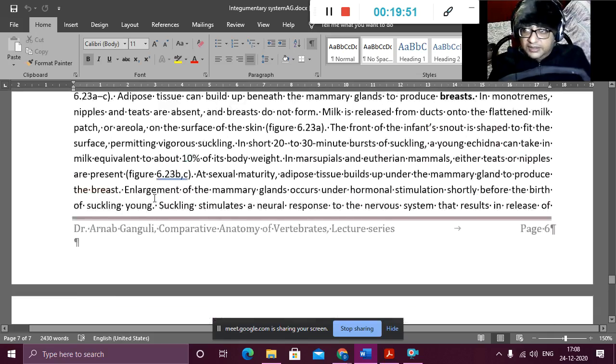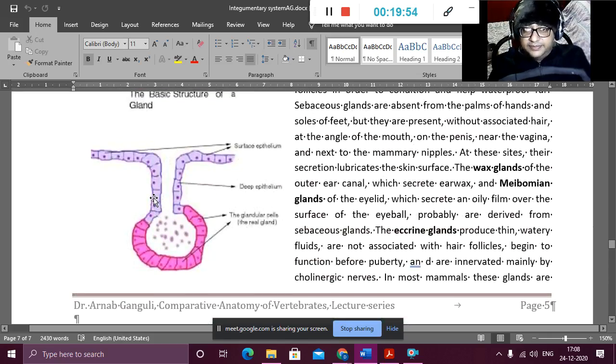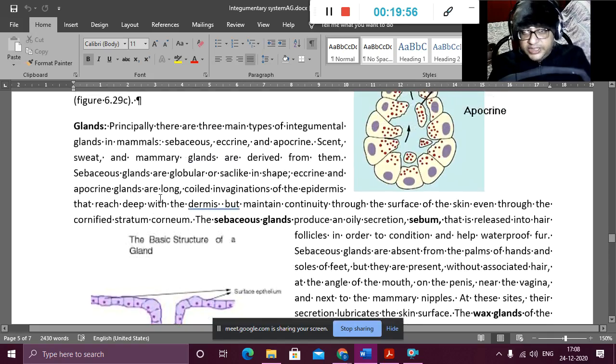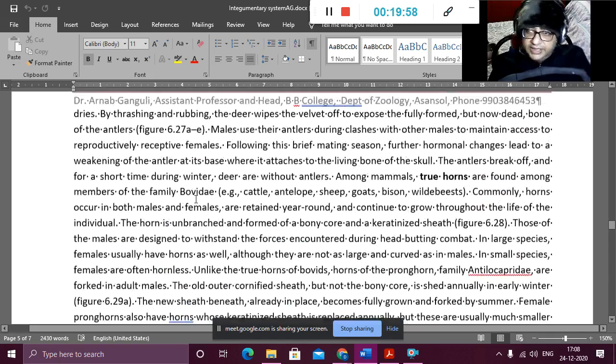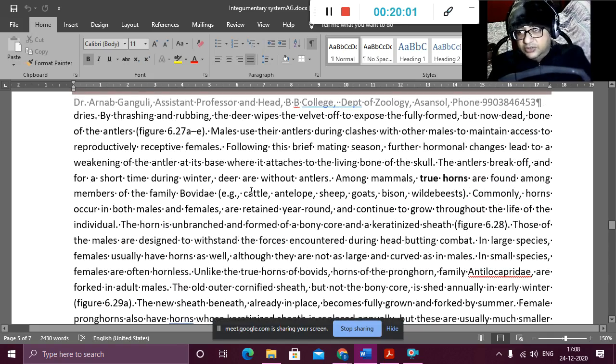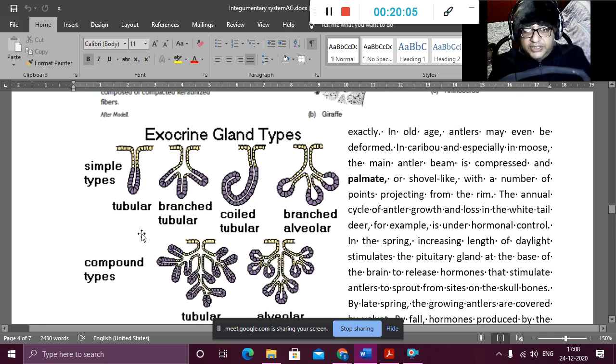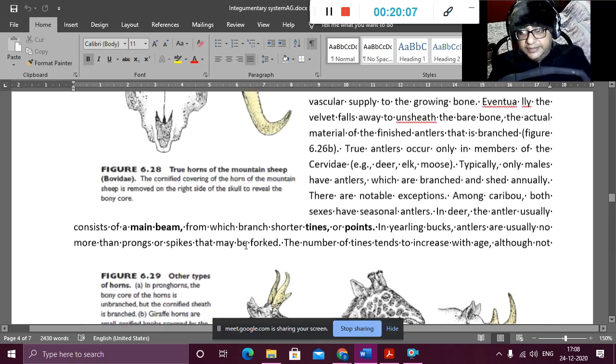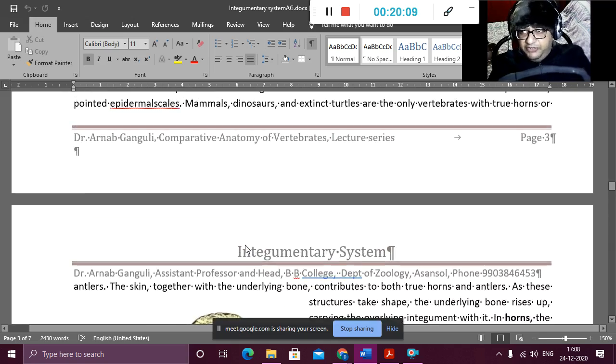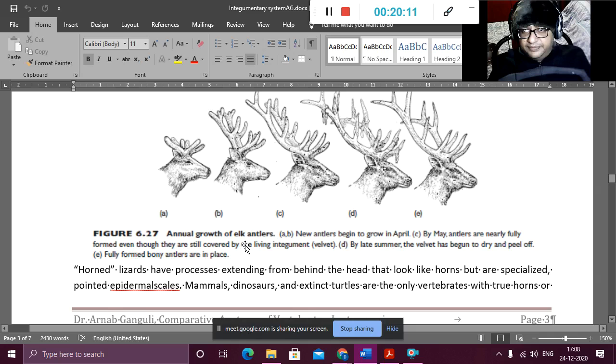So let us go to the next part. Basically this note which I had prepared is specially taken from Kardong itself, so I don't claim any originality in this. Some pictures have been taken from the internet. But even if you read Kardong, that is good enough.